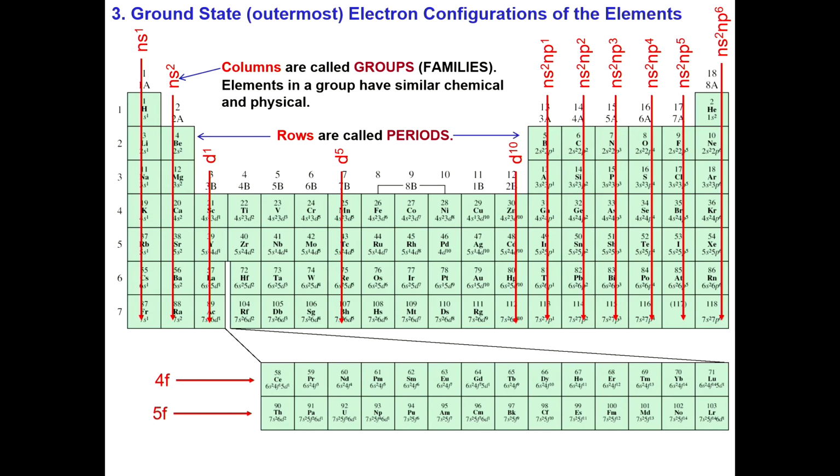Because they have a full shell, they have low energy, so they are very stable. These gases are very stable, unlike other elements, which are basically active and can react with each other.